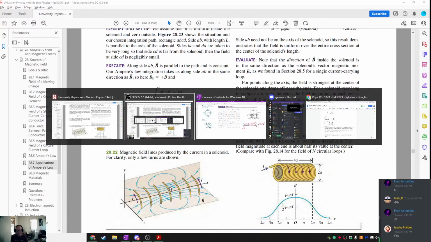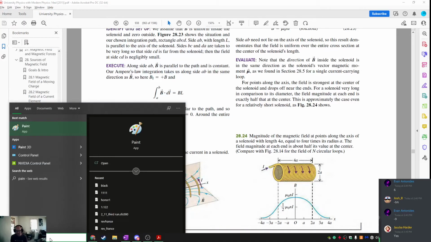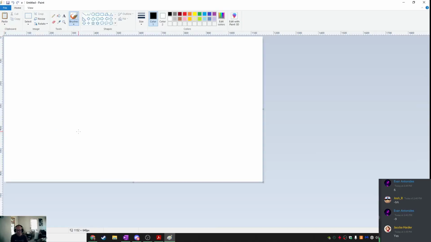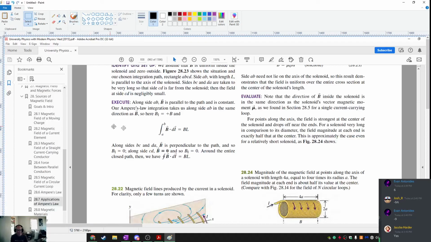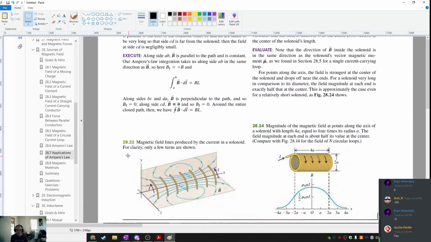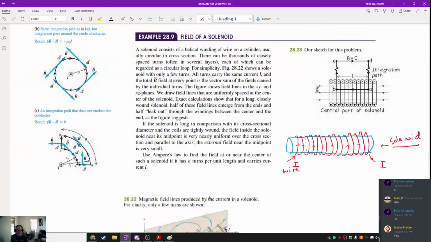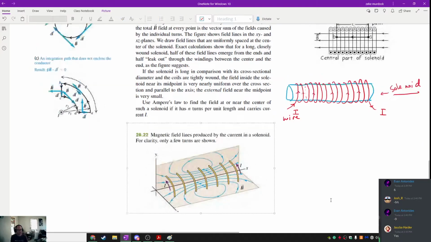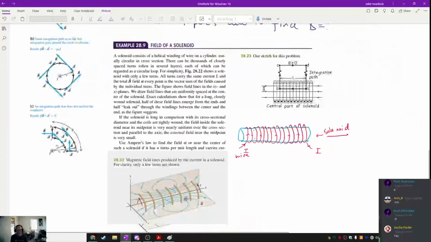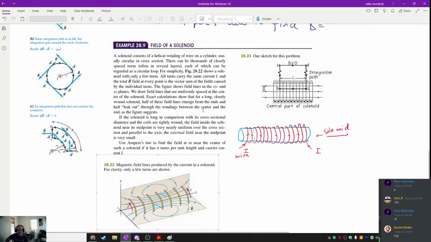We'll do paint, paste, select, and then back to here. All right, now we actually have the picture they're talking about. I forgot that we needed this.